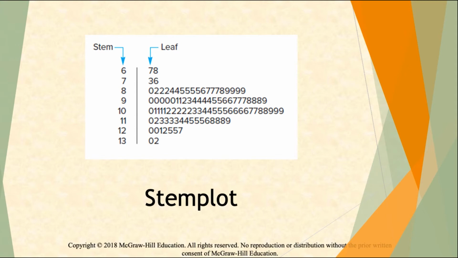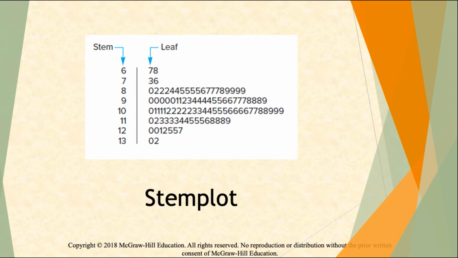After finding the lowest and the highest stem, make a column that includes all the stem numbers in ascending order from lowest to highest. Then draw a vertical line immediately to the right of the stem column. Finally, for each score in your data, find its stem number in the stem column. Then write its leaf number to the right of the vertical line on the same row as the stem.